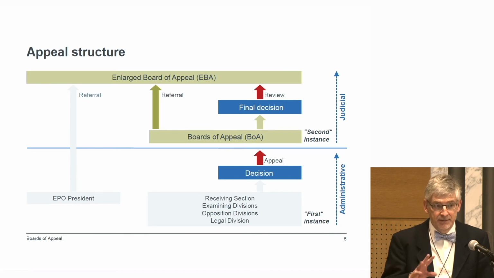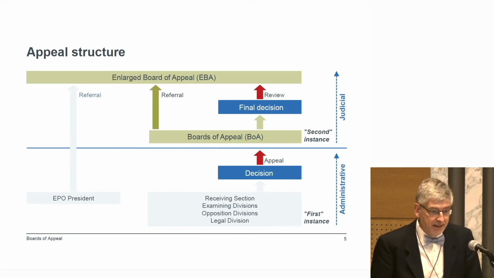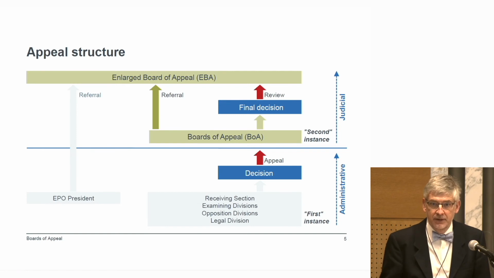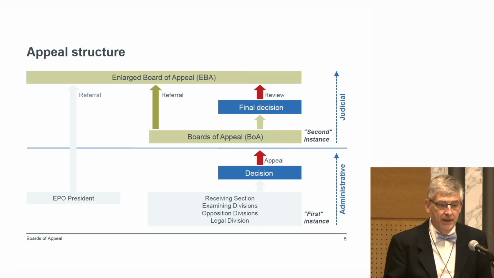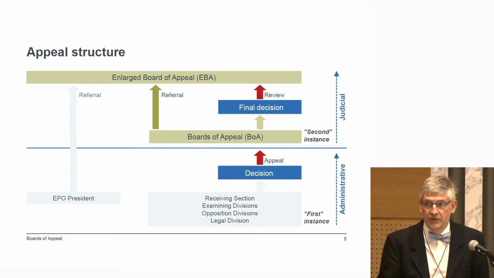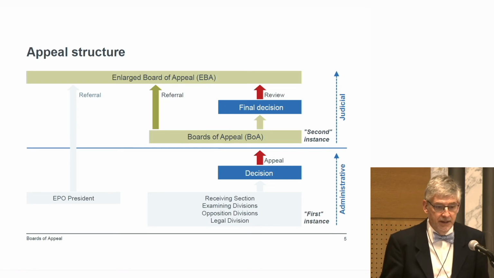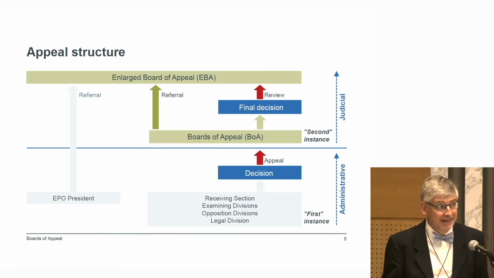That distinguishes us a bit from what you just heard about the JPO and the US Patent Office. We have no further appeal. We have the appeals heard before the boards of appeal, be it the legal board of appeal, the technical boards of appeal, and then the enlarged board of appeal with a specific composition and specific competence to which I will refer on a later slide.